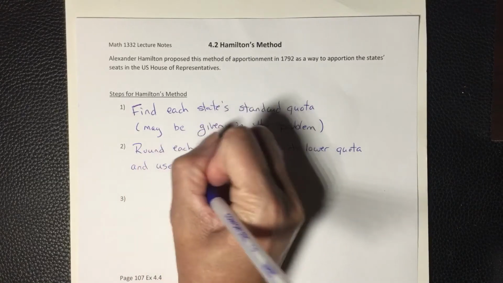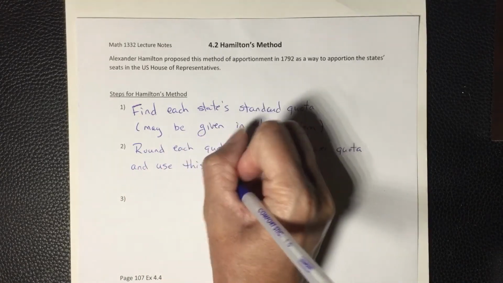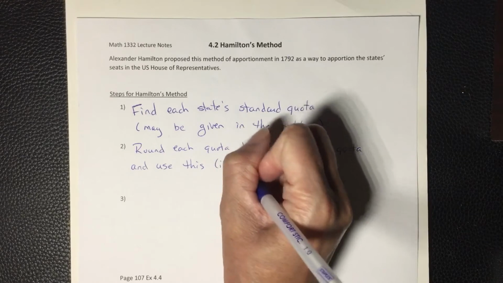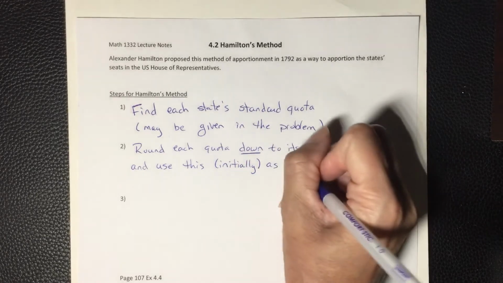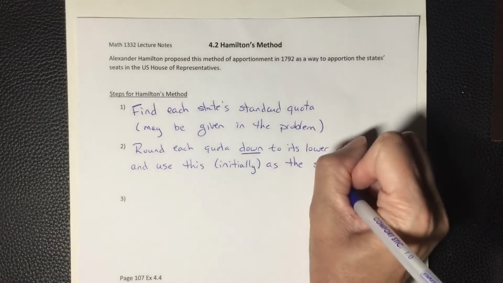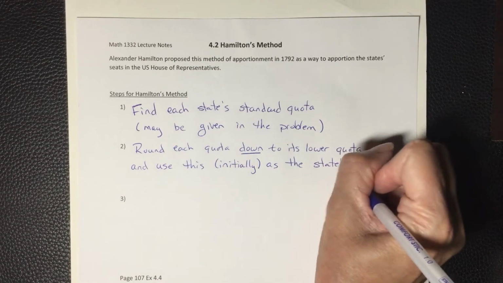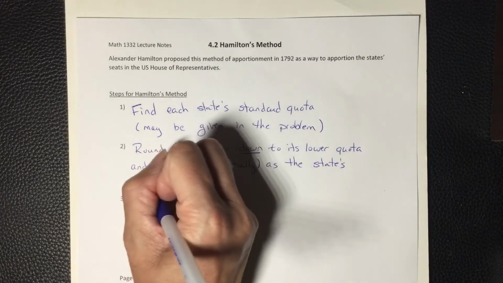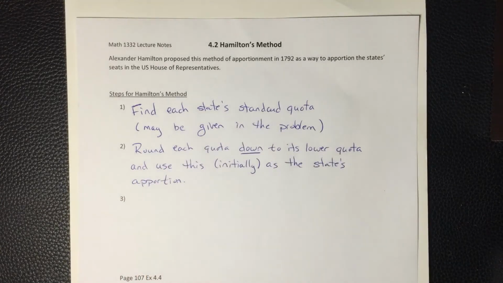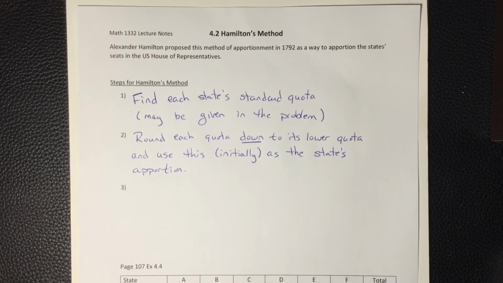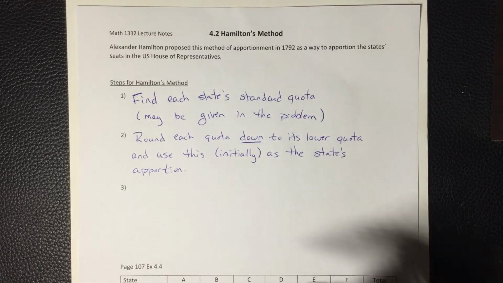And use this initially as the state's apportionment. All right, so if we round everything down, we are going to have some extra seats left over. So we have to figure out how to split those up.